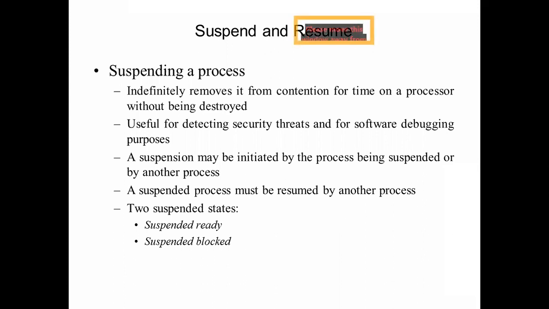If you do not want to resume it again and are completely blocking this process, it is called suspended blocked. Or if you want to resume it, you will come back to the ready state, and then it is called suspended ready.